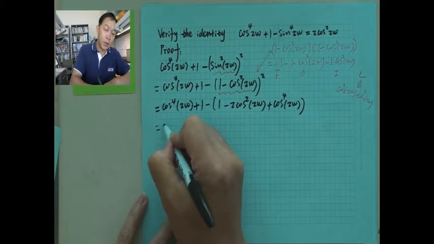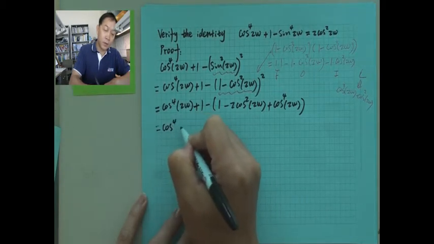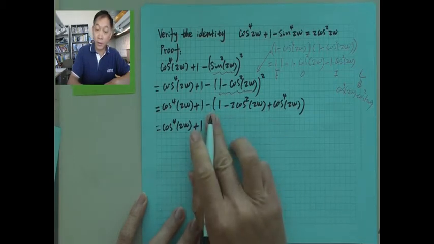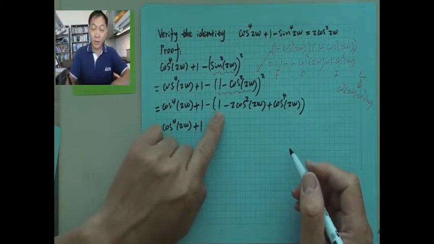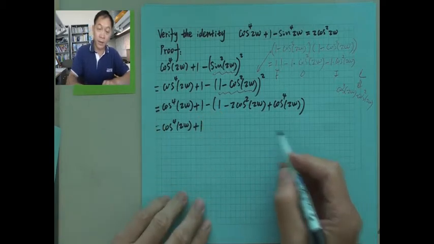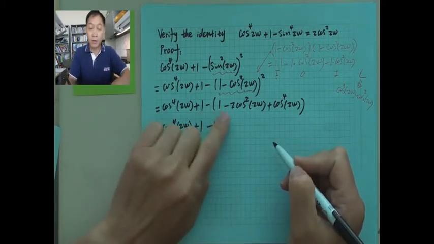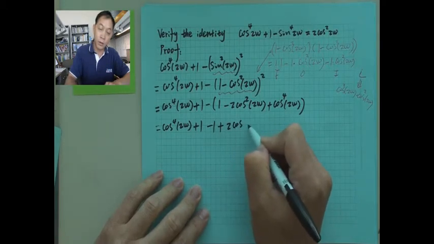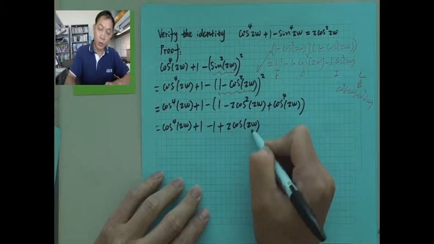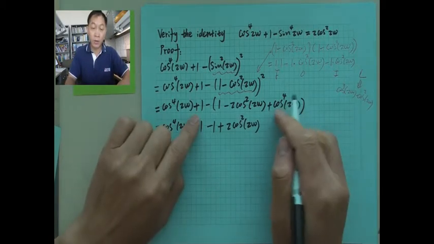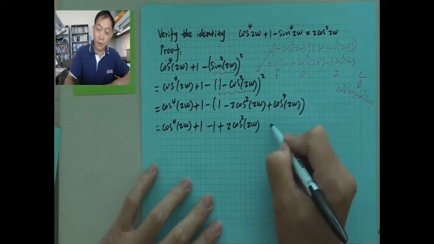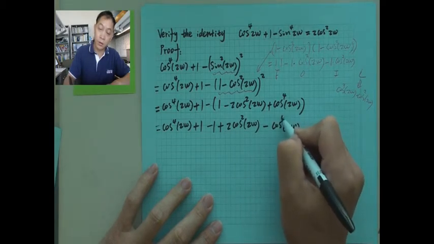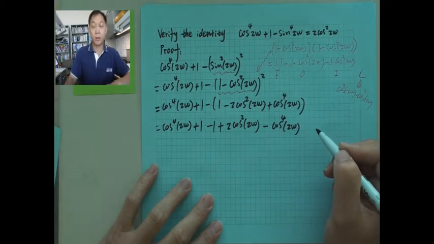Now, we then have a cosine 2 omega to the 4th plus 1, minus goes to everything inside. It was positive, now inside it's negative. Negative, negative, positive 2 omega squared. Positive, negative, get negative cosine 2 omega to the 4th.